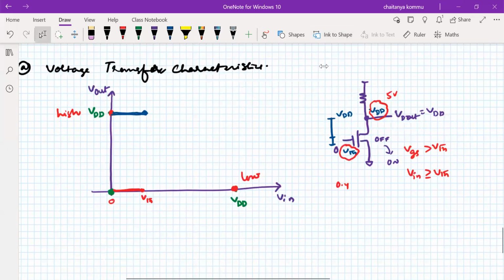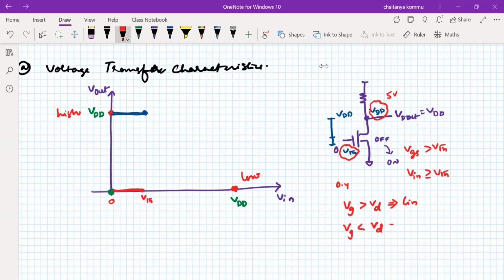Please remember, as we mentioned previously, when the source is at ground potential, if VGS is greater than the threshold VDS, then it is in linear. When VGS is less than VDS, then it is in saturation.